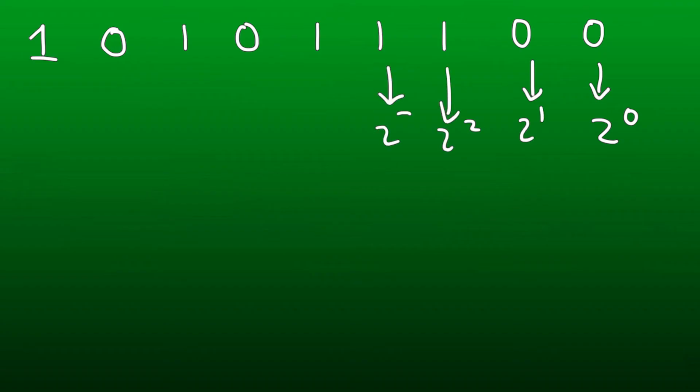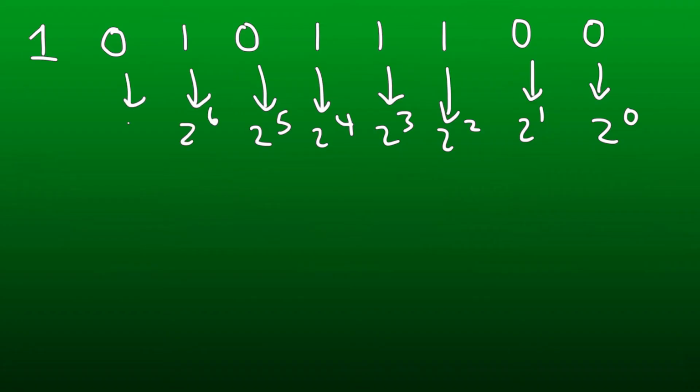So the first one, we're going to multiply by 2 to the 0, and the second one by 2 to the first power. And then the pattern will just continue. As you go to the left, you can see that the exponents are increasing by 1.